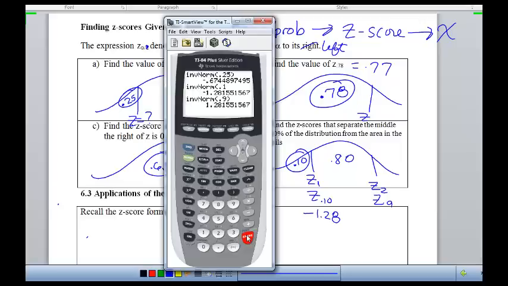Okay, so inverse norm gives me a z-score, so I would just call this 1.28 or negative 0.67. All right, even when we get ready to find z-scores again in a minute, we're going to round z-scores to 2 decimal places. Areas and probabilities, we generally round them to 4. All right, that's what the table does, so we'll stop it at 4 on our calculator. All right. Otherwise, you might get some slight differences in your answers.